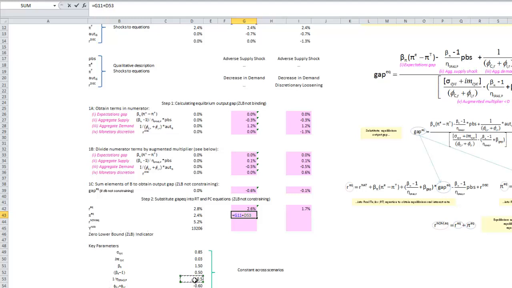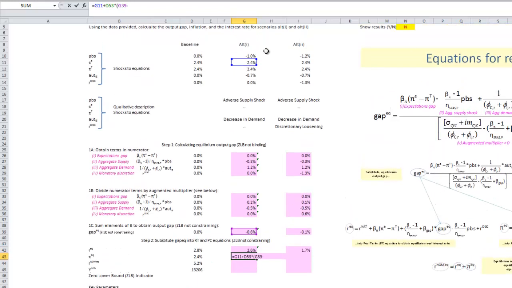We're going to multiply it times our new equilibrium gap. And we should know right now that because the gap is negative, that's going to tell us that inflation is lower. But then we're going to subtract off our productivity-based shock, which is our short-run aggregate supply shock, another name for that, and we know that that was adverse, so that's going to raise inflation.